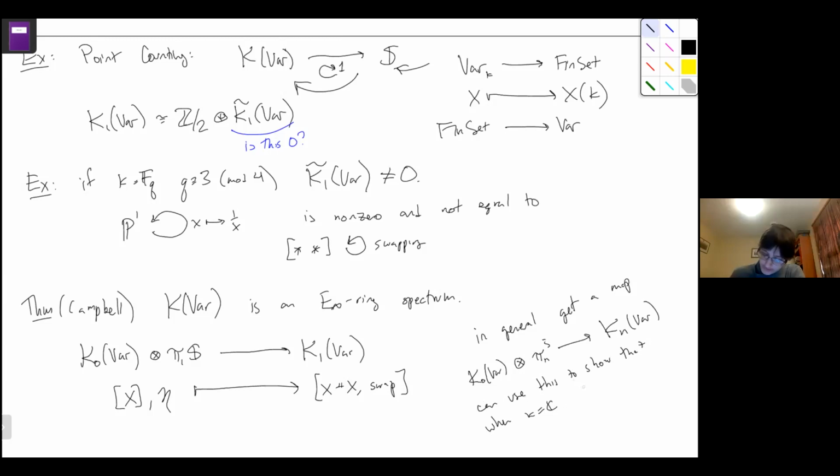So when K is C, there are infinitely many non-zero groups. But actually computing the higher ones becomes much more difficult. So I just want to say this as an aside and then ignore it.